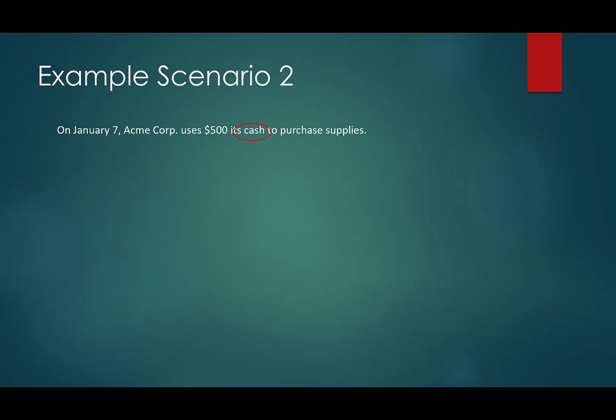In this case, we're spending $500, so our cash account is going down. The next thing that's occurring is that we are acquiring or increasing our supplies. And supplies are an asset account. But unlike cash, the value of our supplies is going up. So in this case, we've got supplies increasing.